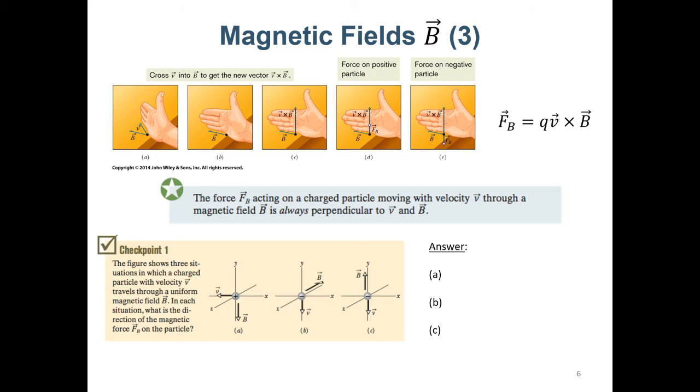So positive z. For the next one, V points to negative y, B points to negative z, and this is a negative charge.